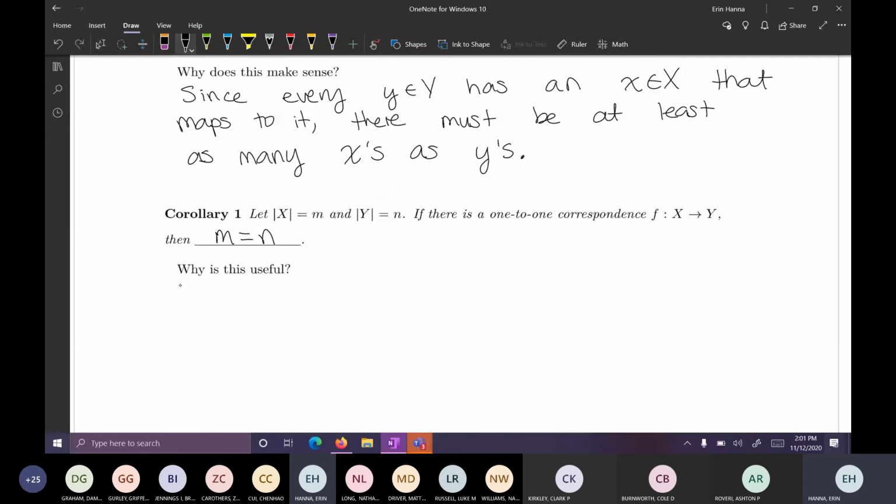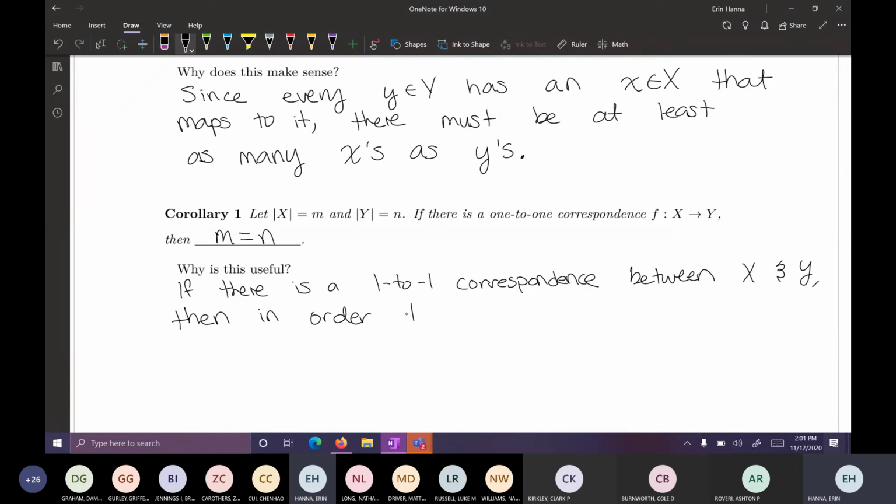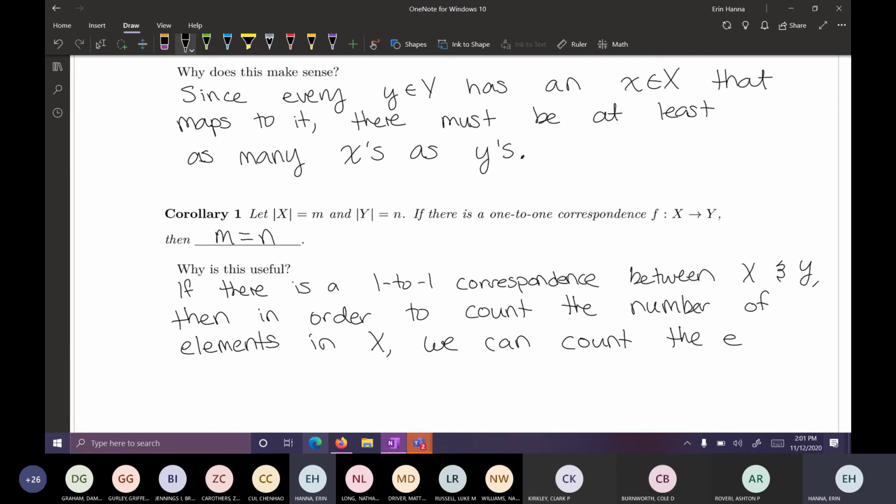The reason this is useful is if there's a one-to-one correspondence, and remember, one-to-one correspondence means one-to-one and onto, between x and y, then in order to count the number of elements in x, we can count the elements of y.